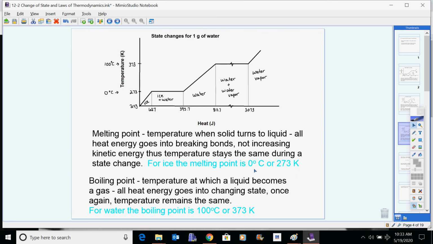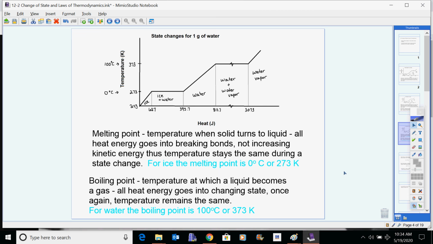For ice, the melting point is 0, same as the freezing point, or 273 Kelvin. Okay, remember there's a 273 for our conversions. Okay, 100 degrees Celsius for water to boil, or 373 Kelvin. Now, water and other substances have different boiling and melting points, but for the sake of simplicity, we're using mostly water in terms of that.